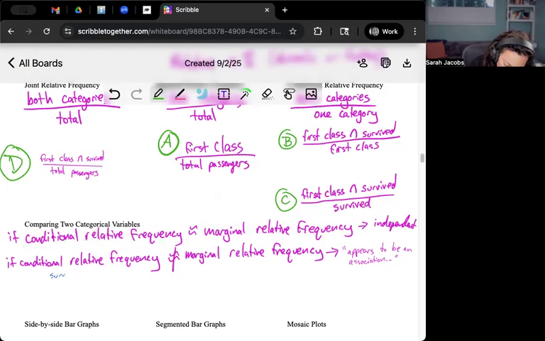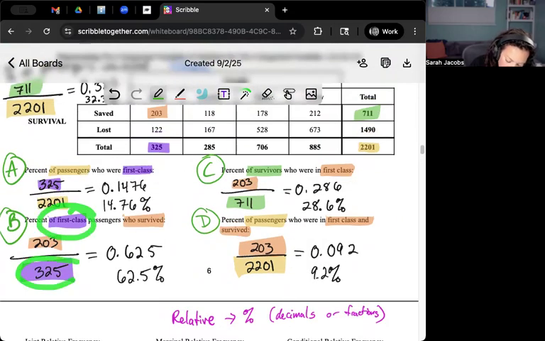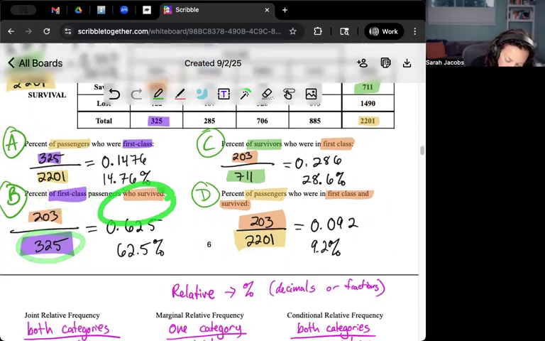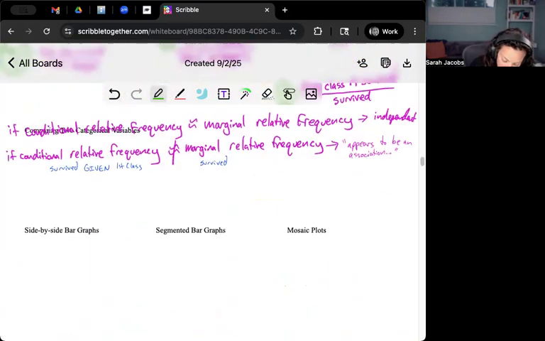So survived given, maybe that brings you back to Math 2, first class. And then this is just going to be survived. So survived given first class is right here. We know that they're first class and they survived and were in first class. So that is our 62.5%.